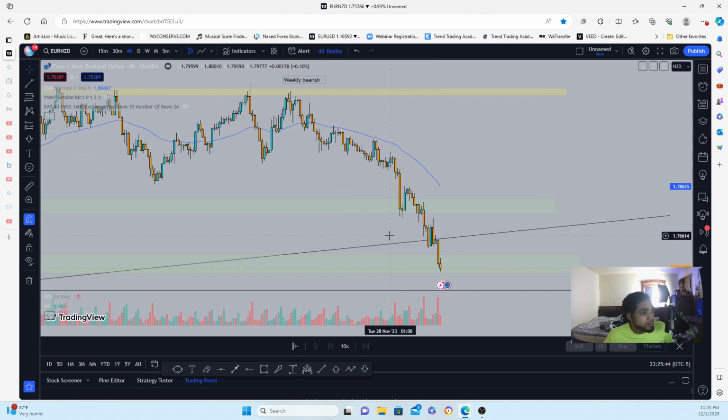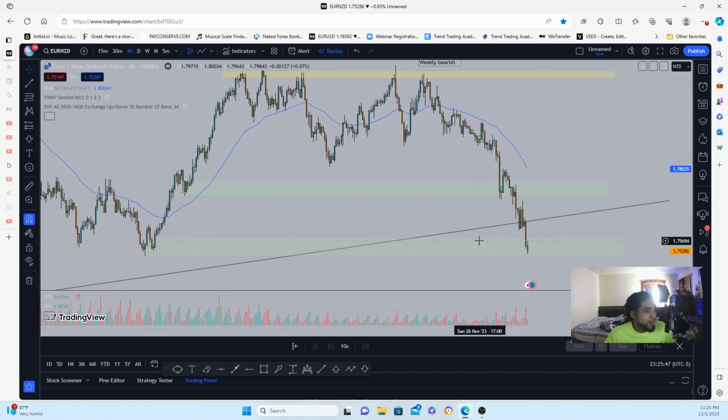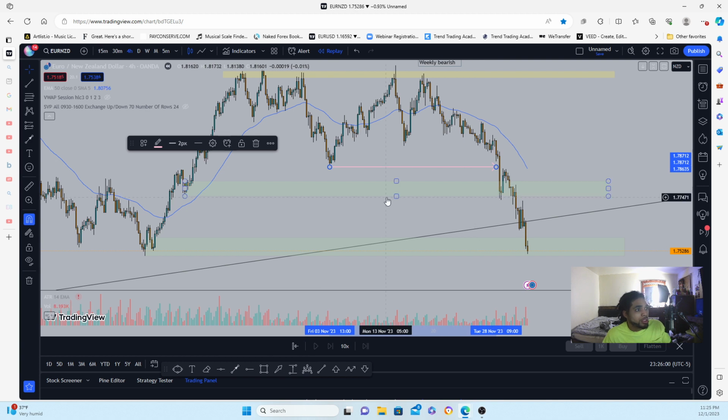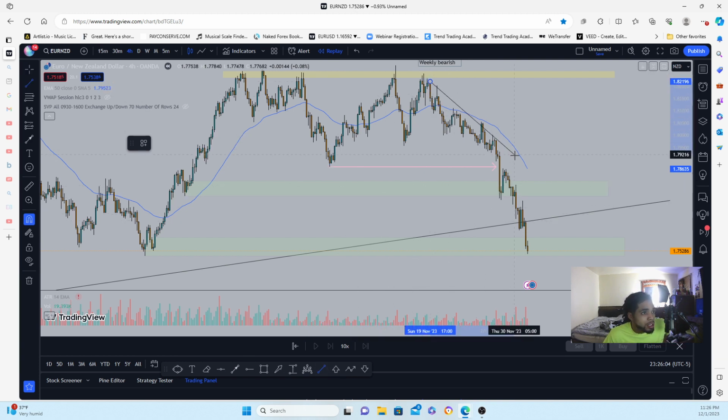These were potential areas of interest, but like I said before, it got broken structure. And look at that, lower highs, lower lows.